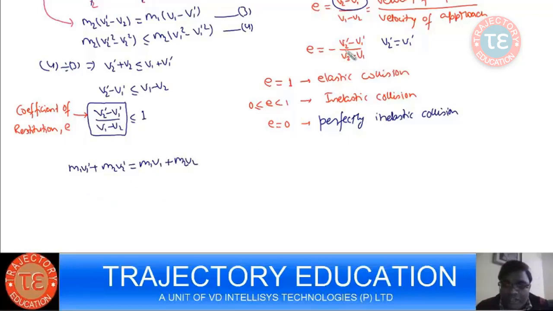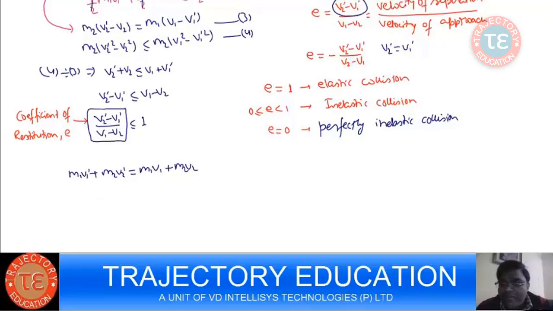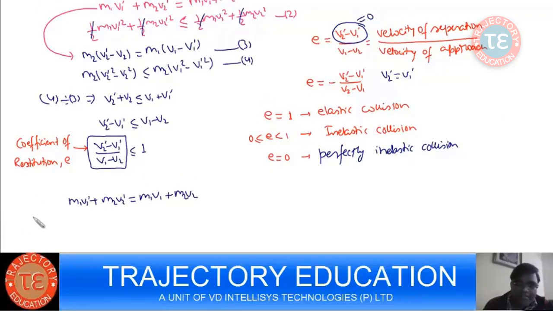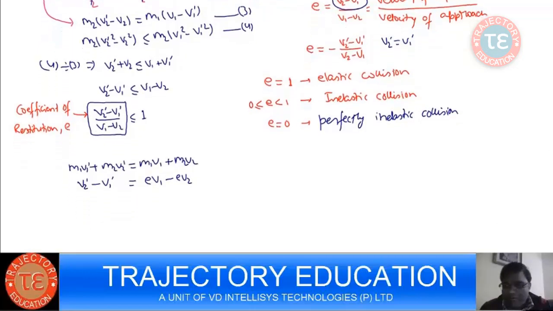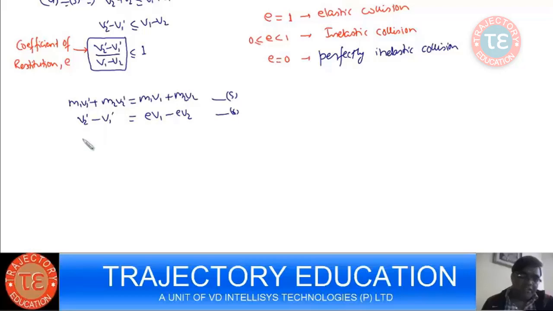And the second equation we are getting from here, v2' minus v1' equals e(v1 minus v2), right? This is fifth and this is sixth. So from here I can get v2' and v1'.